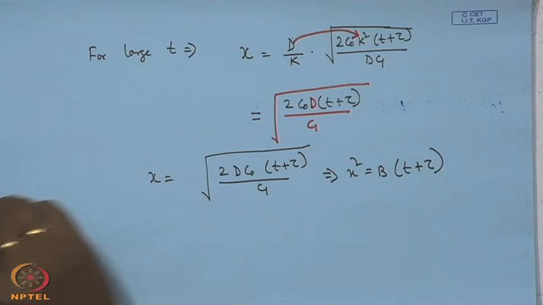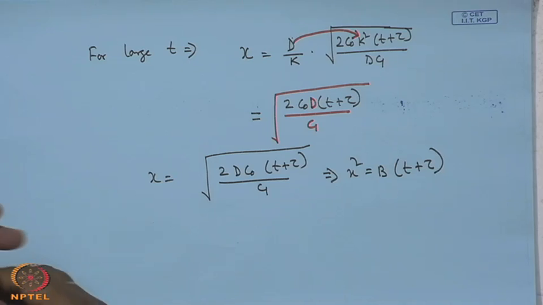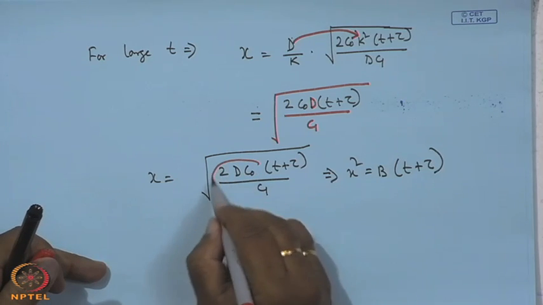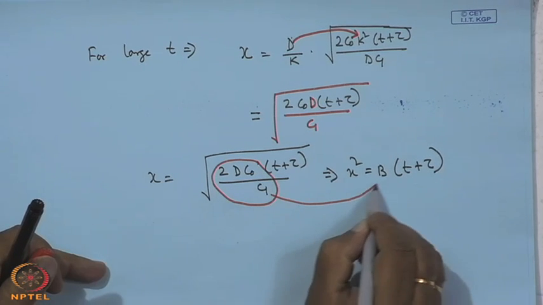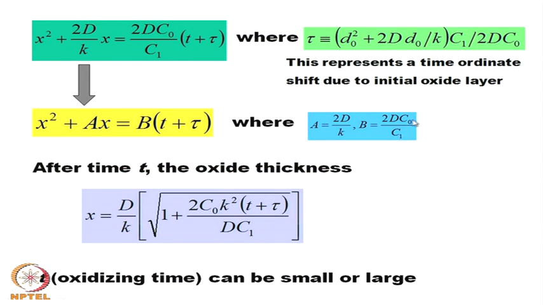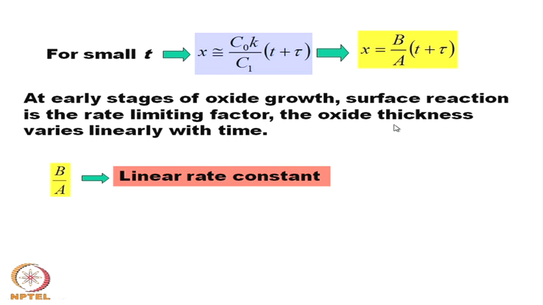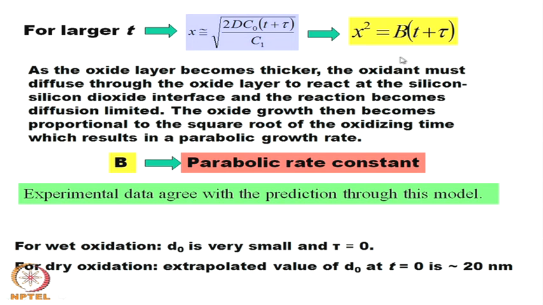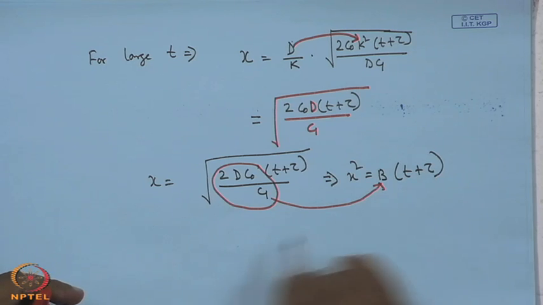You see that here we have used twice d C 0 by C 1 as b, because earlier we have used this b as twice d C 0 by C 1. So, this twice d C 0 by C 1 is nothing but b, and so we can write that it is equal to b t plus tau.